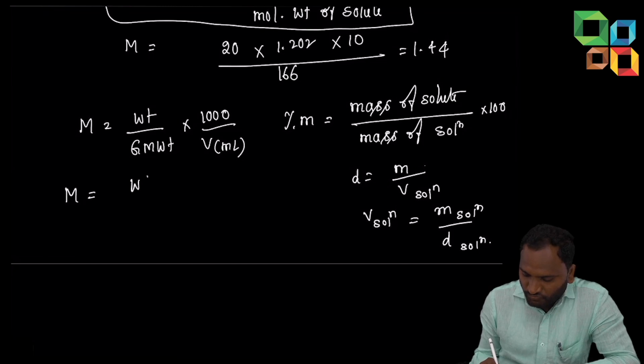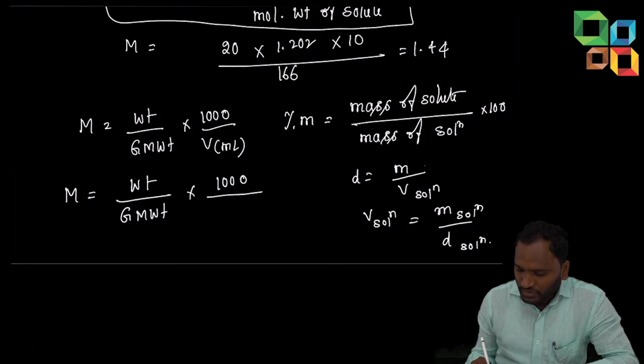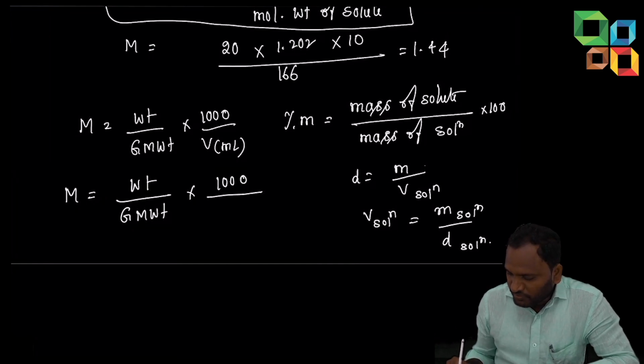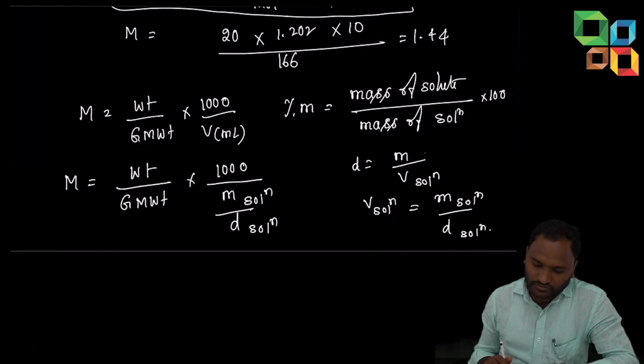Mass is equal to weight by gram molecular weight. Okay, I will write one step extra, nothing will happen. 1000 upon, instead of volume, I am substituting this one: mass of solution by density of solution.